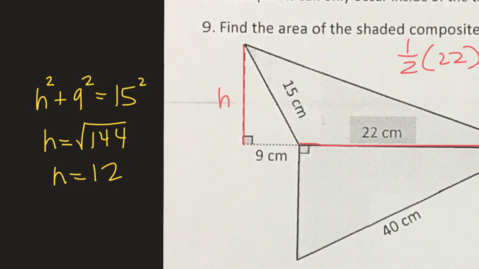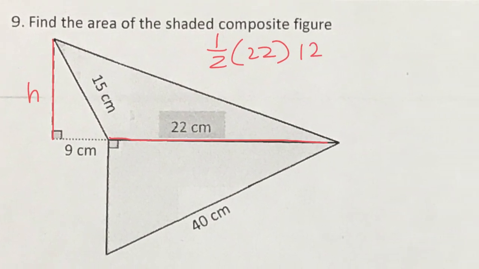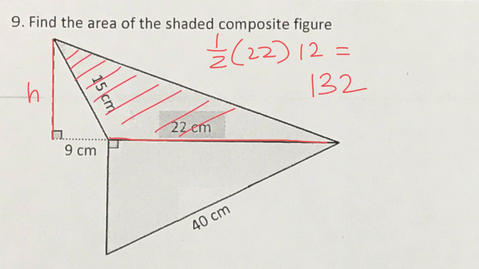So the height of our triangle is 12. Then we put that into our calculator: 1/2 of 22 times 12 is 132. So the top triangle has an area of 132 square centimeters.